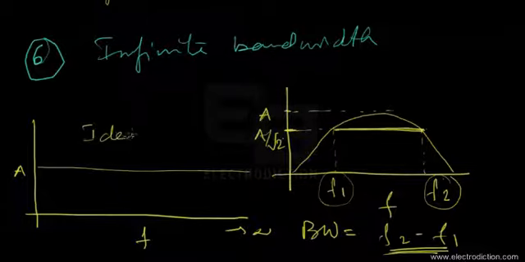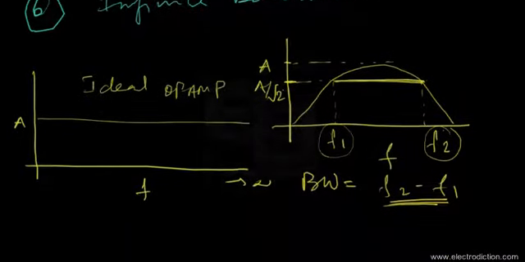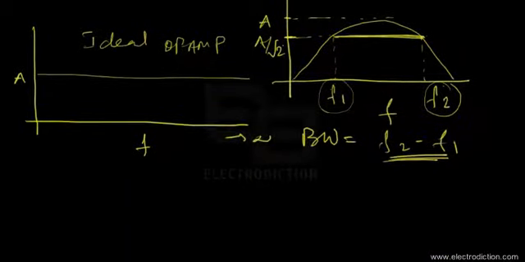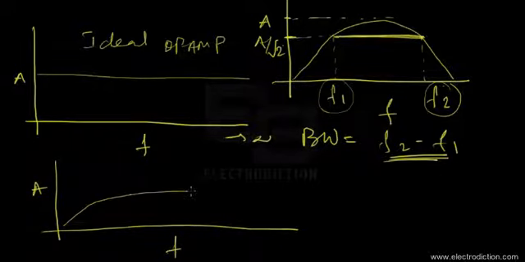I just mentioned it over here. This was the case for an ideal op amp, but as I said, practical properties deviate a bit from the ideal desired characteristics. So the practical op amp's gain versus frequency curve would look somewhat like this. It would have a large bandwidth there.